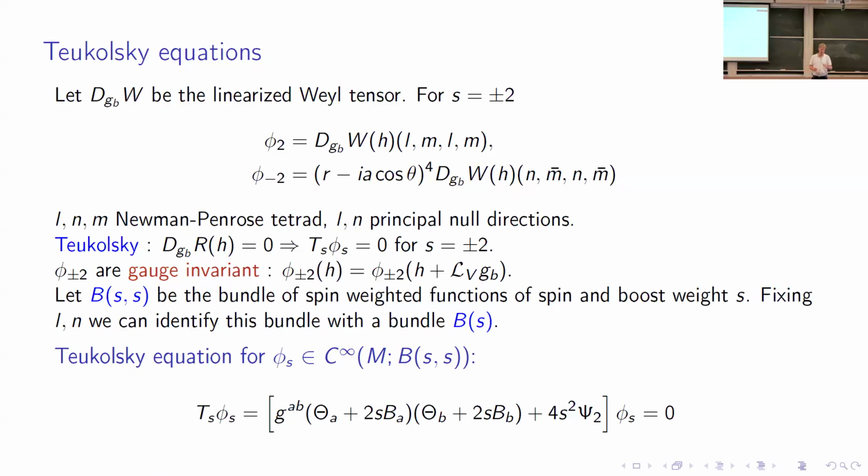Typically what you do is you choose L collinear to V plus, N collinear to V minus, and then you permit a rescaling of these and a phase for the M. Okay, so this gives you a principal bundle, and then you take your favorite representation of this action, and if you choose some particular representation, then you get these vector bundles, B of S. I will come back to this a little bit later.